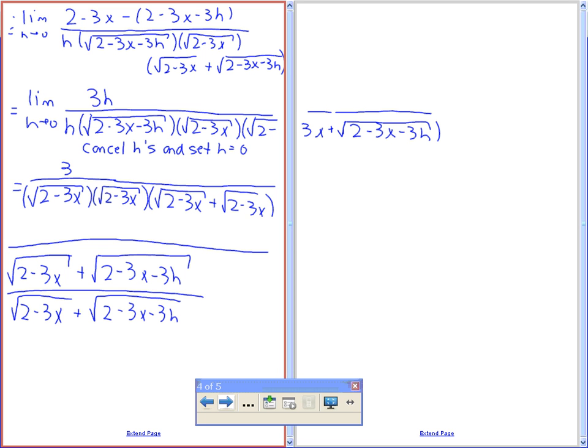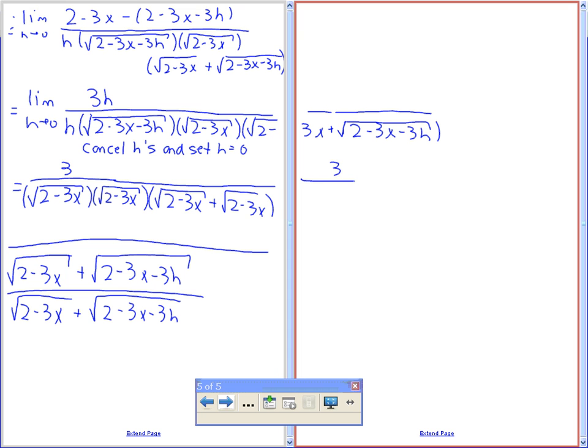Now here's the thing that got people mixed up, and I'm mean about this. What is this times this equal? 2 minus 3x. Now what does the right-hand side equal? 2 times root 2 minus 3x. And I want you to write it like this, in lowest terms.